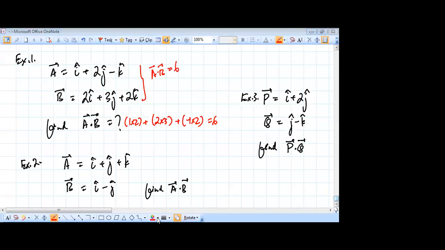Now secondly, in this one, ये वाले केस में it will be 1 into 1 plus 1 into minus 1 plus 1 into 0. 0 होता है. So ये वाले केस में a dot b will be 0.